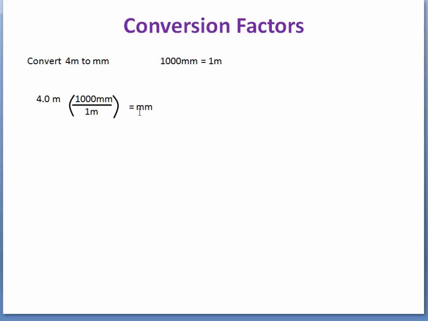We want it in millimeters. That goes on the right hand side. Our conversion unit has the meters on the bottom so that we can cancel the meter units and be left with 4 multiplied by 1,000 millimeters, and that gives us our answer as 4,000 millimeters.